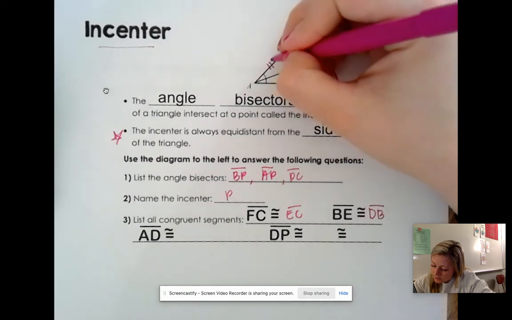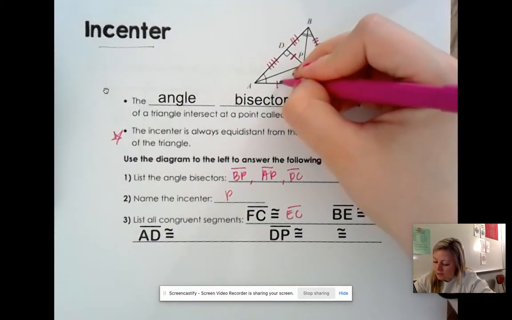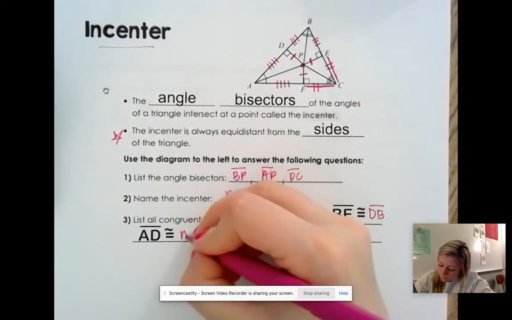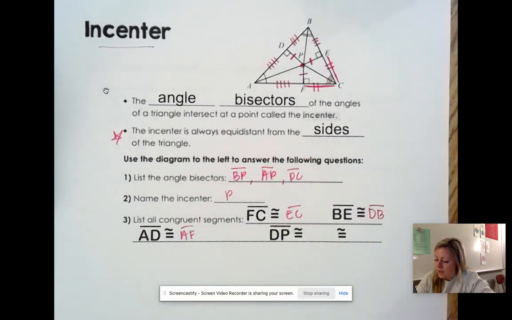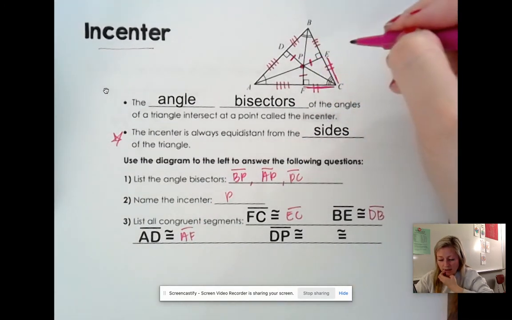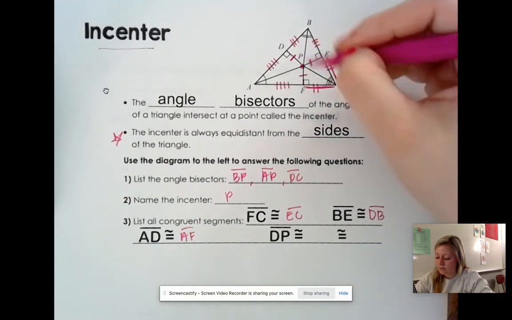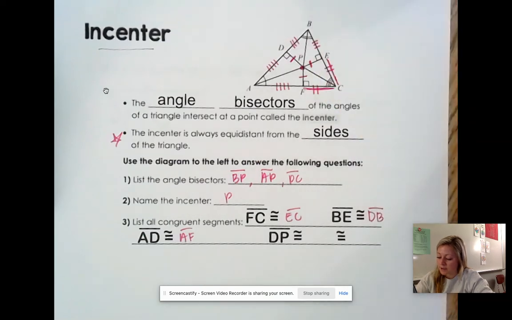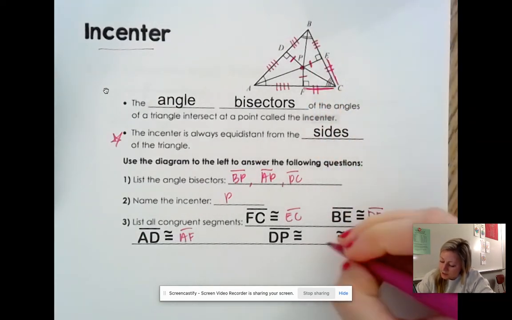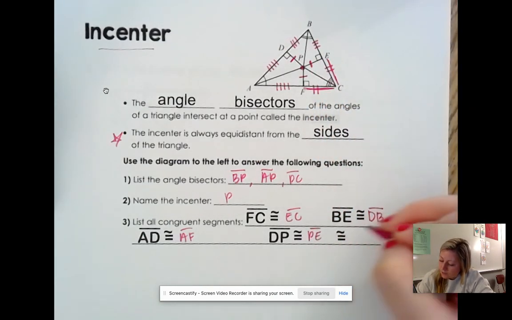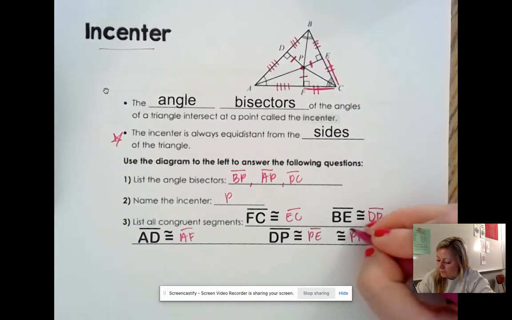AD, 1, 2, 3, 4, is congruent to AF. And then now we're going to give our sides to our sides of our triangle. So DP is congruent to PE, which is congruent to PF.